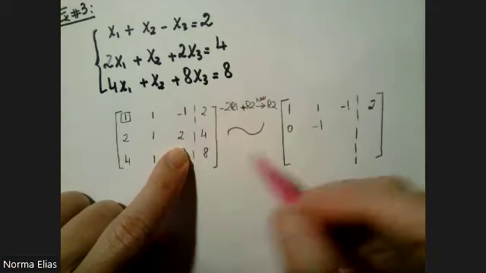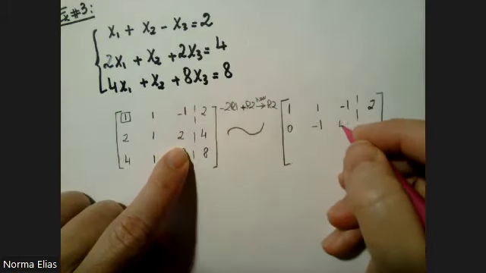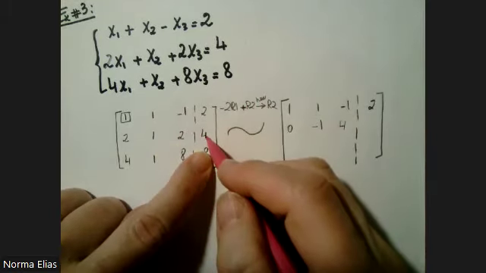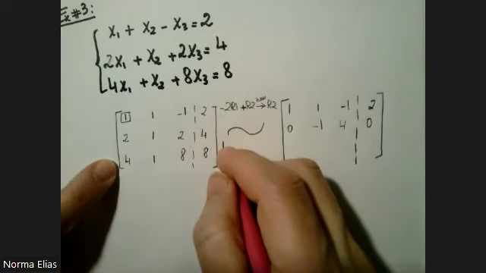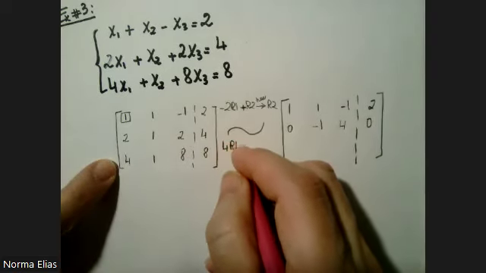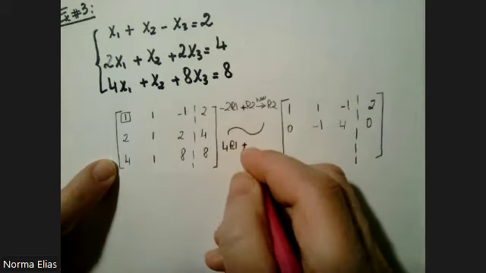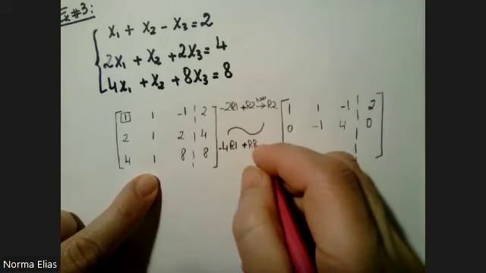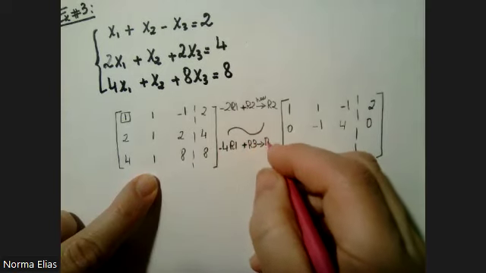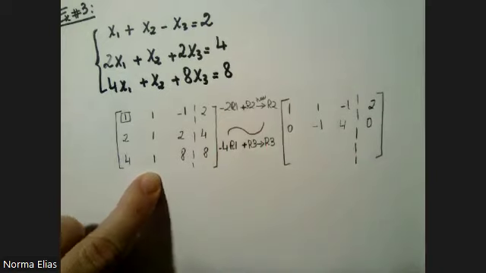Minus 2 plus 2 is... that's a 4. And then minus 8 plus 4... Now this row: minus 4 R1 plus R3, and this will become my new R3.